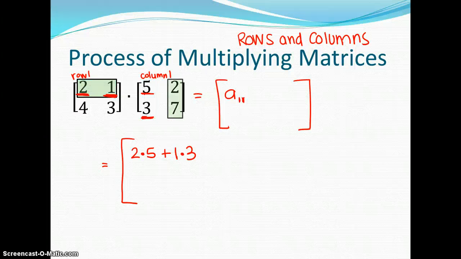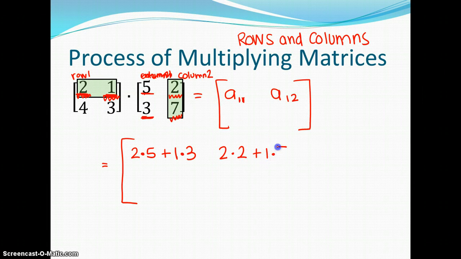And I'll switch colors here. If you want to get this entry to the right, the location for this element was A12. So that tells you use row 1, and this time use column number 2. So if we do the dot product of this, you take that first element in the row times the first element in the column, and you take the second element in the row times the second element in the column.